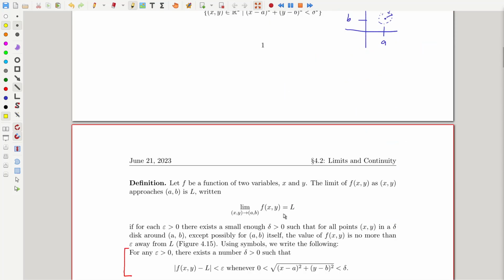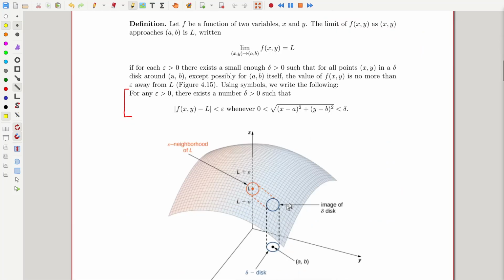Okay, right. And so this is the formal mathematical definition of the limit of a function as you approach a point.